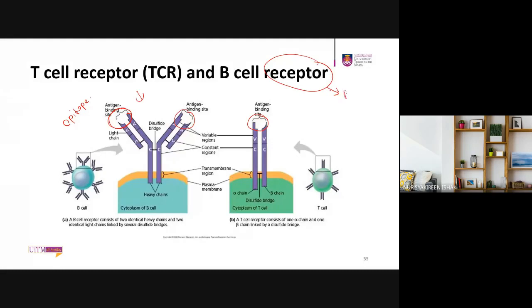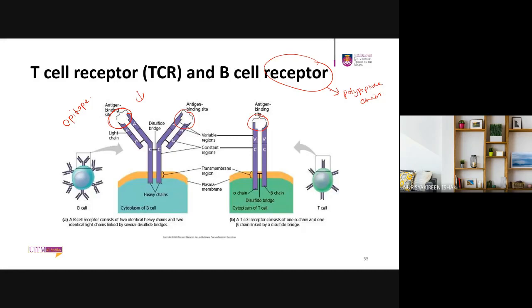To be specific, dia adalah polypeptide chain. Okay, polypeptide chain. Sebab tadi saya dah mention, reseptor pada B cell ni adalah sama dengan antibody yang dihasilkan oleh B cell. Awak dah belajar daripada dulu lagi. Antibody adalah protein. So same goes to the receptor of the B cell and also T cell. Dia adalah sebenarnya polypeptide chain.